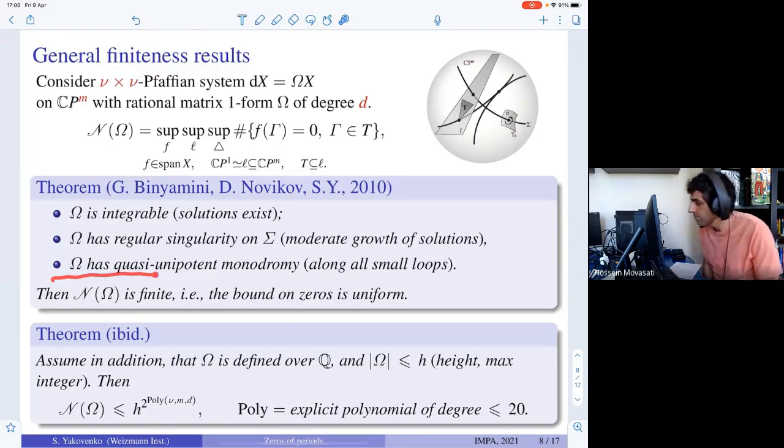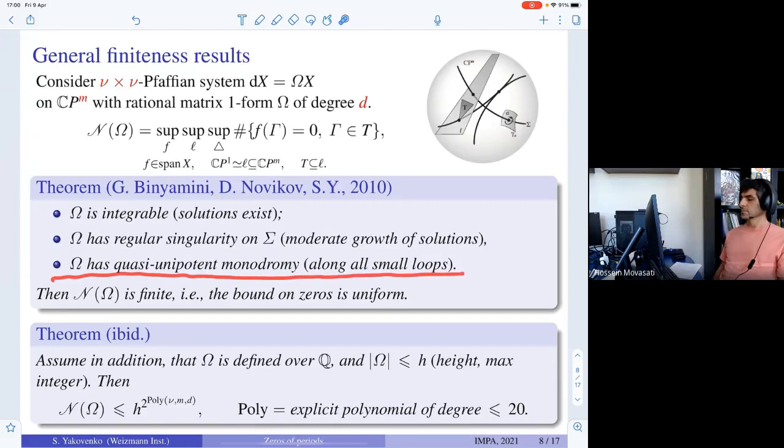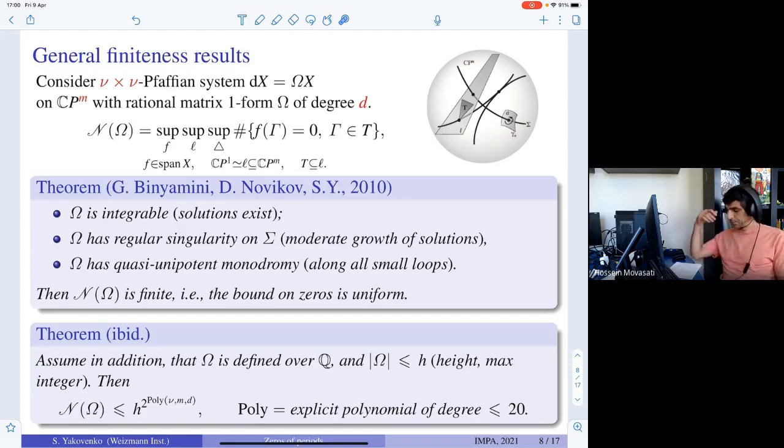And in addition, it has quasi-unipotent monodromy along all small loops. So there are two analytic conditions and one topological condition. Then the claim is that in this case, the upper bound that I already introduced will be finite. That's the bound is uniform over all elements that you can choose in this situation.